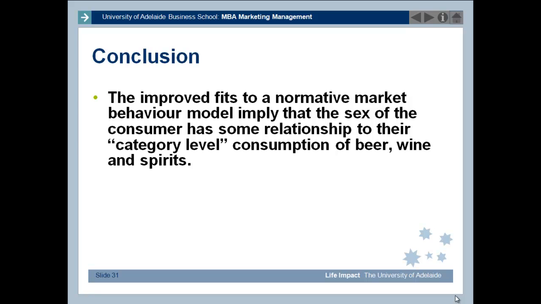Like I'll go back to bottled water. Is gender as important in bottled water as income or age? Probably not. The males and females, it's not that relevant to differences in buying behaviour. So in answering your assignment 2 question, you should do that.